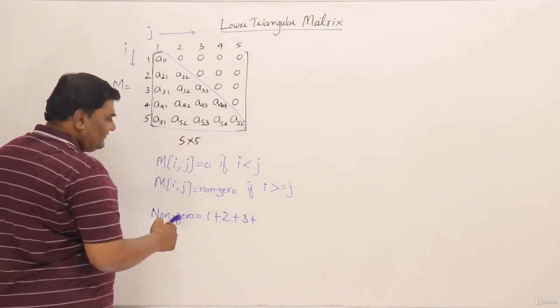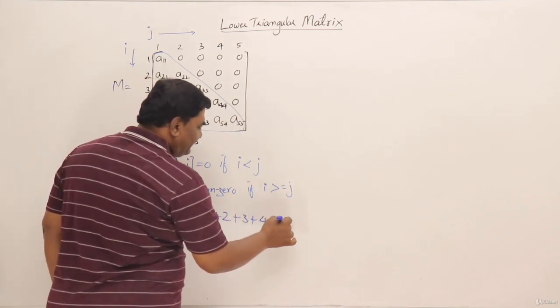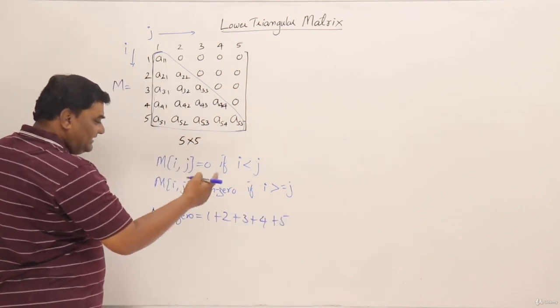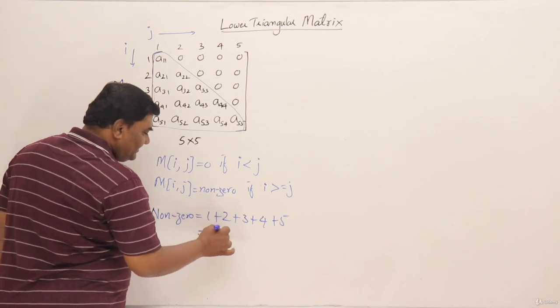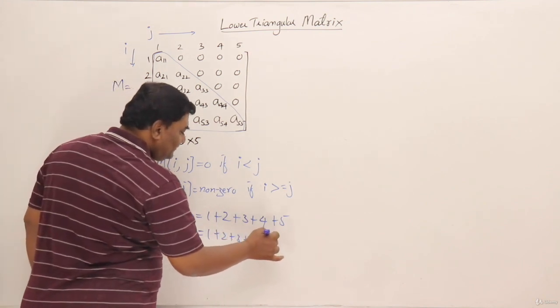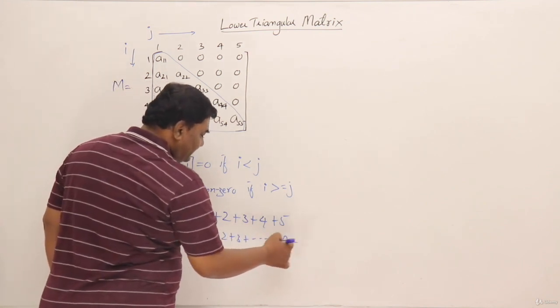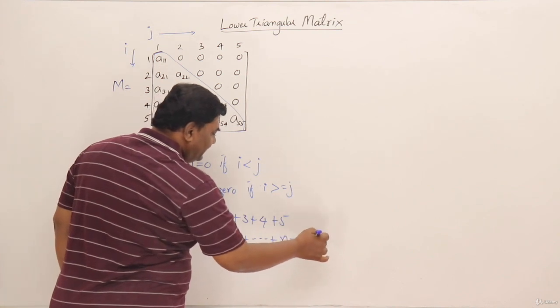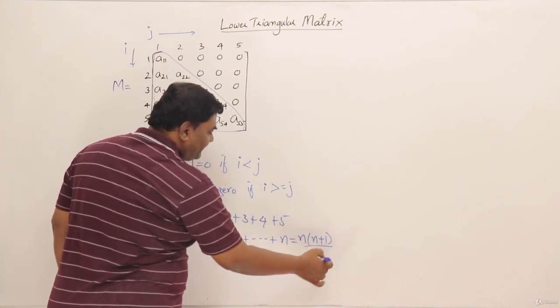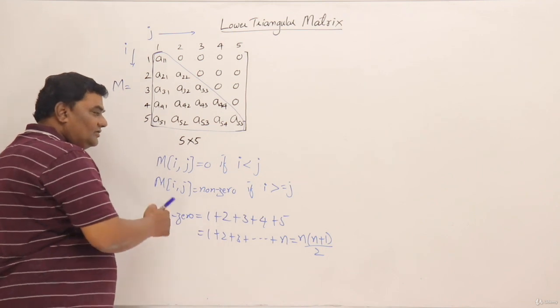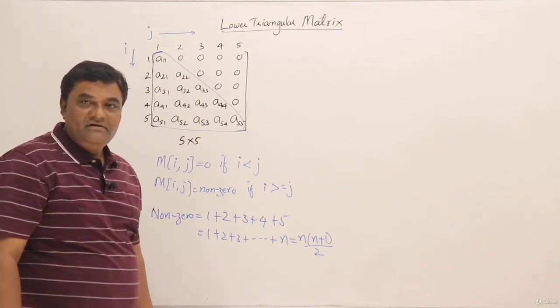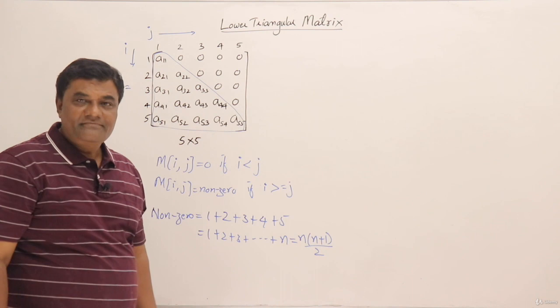So this is for 5, so this is 4 plus 5. Now for any n cross n matrix, it will be 1 plus 2 plus 3 plus goes on to last one will be n. So this is n into n plus 1 by 2 number of elements are non-zero. These many elements are non-zero.